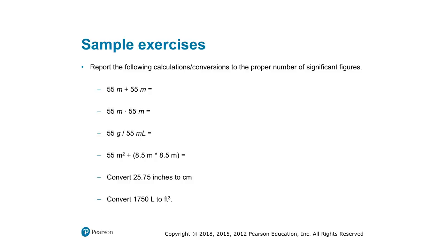Lastly, some further sample exercises using sig figs. I figure maybe you want to see a few more examples. 55 plus 55 says 110 on your calculator, but 1 plus 1 would lead the answer to be good out to that last placeholder. So 3 significant figures, 1.10 times 10 to the 2 meters. 5.5 times 5.5, that's going to be 3,025 on the calculator, but only good to 2 significant figures.